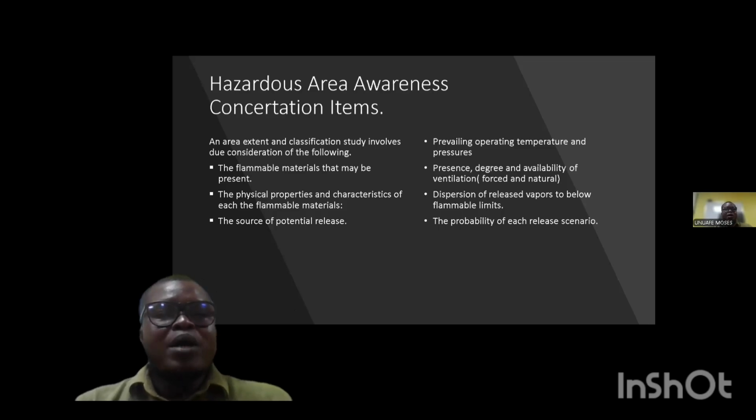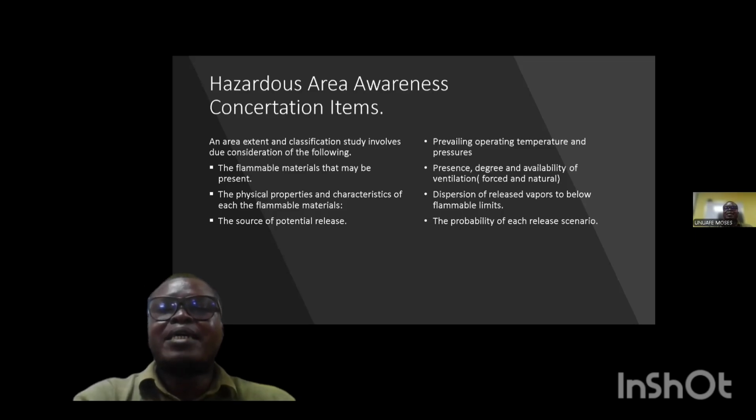In hazardous area awareness concentration, we can also consider a factor known as prevailing operating temperature and pressure. This means the typical or most frequently observed temperature at which a system, equipment, or process operates under normal conditions. It is not necessarily the maximum or minimum temperature, but rather the steady state temperature the system maintains during regular operation.